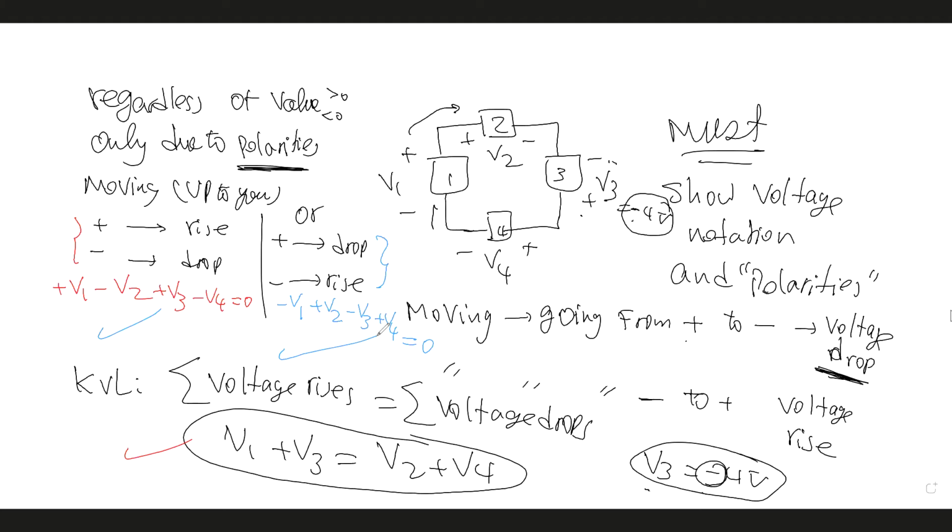Professor? Yeah, go ahead. So the only reason that you could go vice versa is due to the fact that it's a summation, right? It's an equation. In mathematics, anytime you have an algebraic equation, it doesn't matter if you take a term from left to right or right to left, it doesn't make a difference. Okay, thank you.